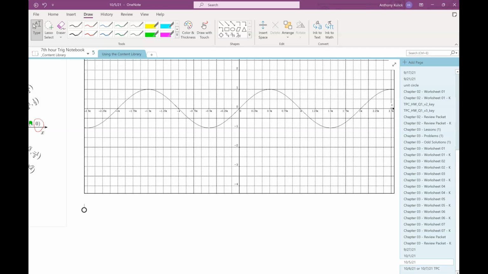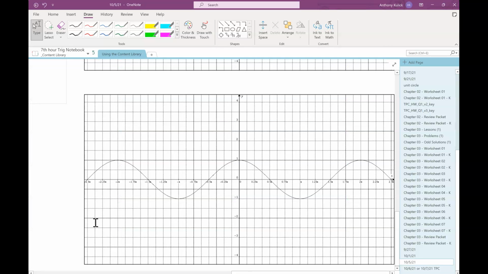I put the x-axis in radians for us. It's the same graph, though. I could do the same thing, generating my graph for cosine. So this is what the graph of cosine looks like.